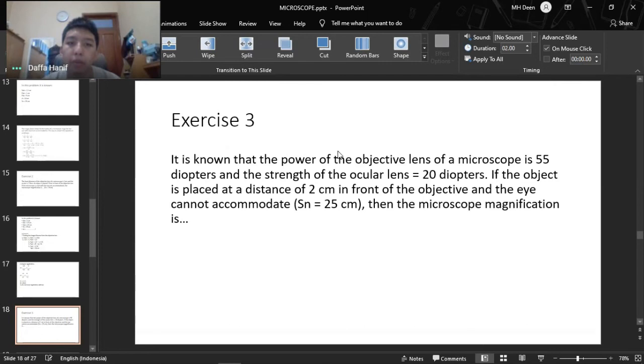Exercise 3. It is known that the power of the objective lens of a microscope is 55 diopters and the strength of the ocular lens is 20 diopters. If the object is placed at a distance of 2 cm in front of the objective and the eye cannot accommodate, S_N is 25 cm, then the microscope magnification is.